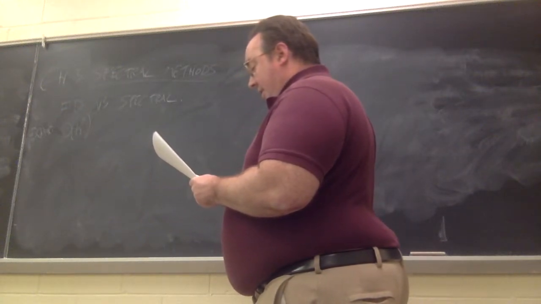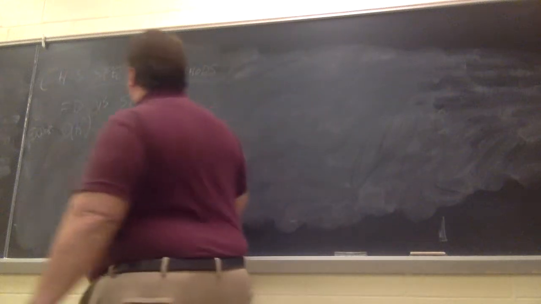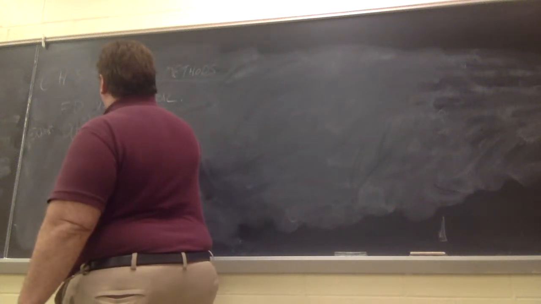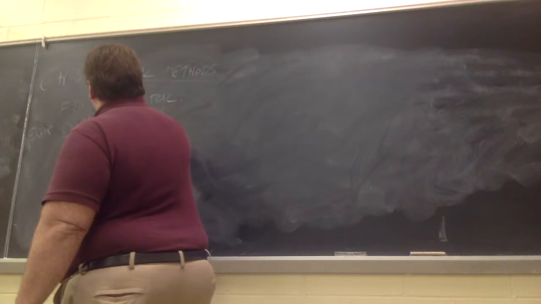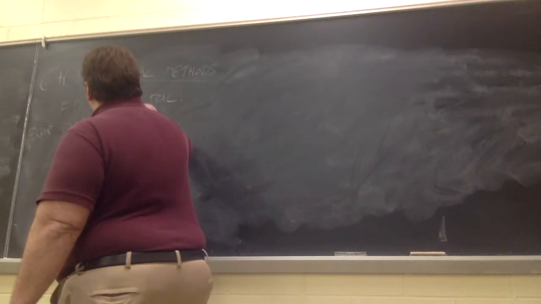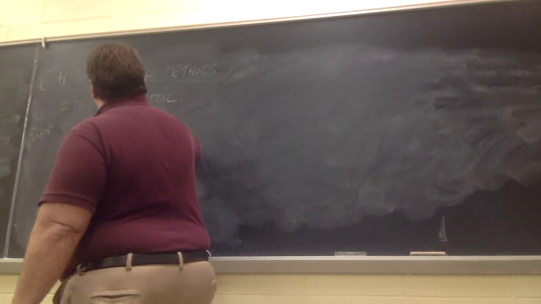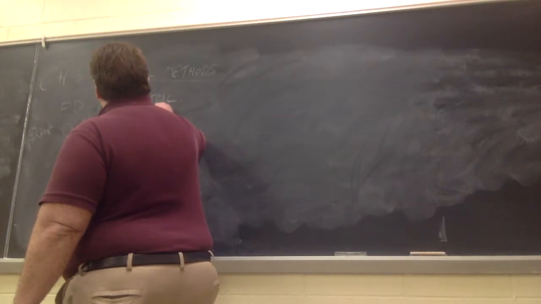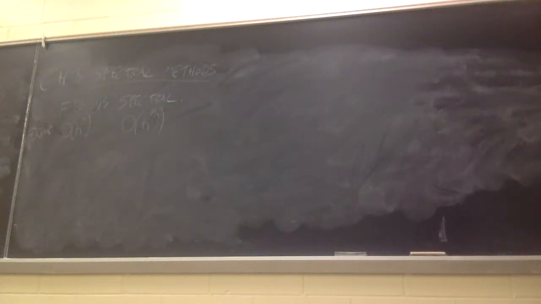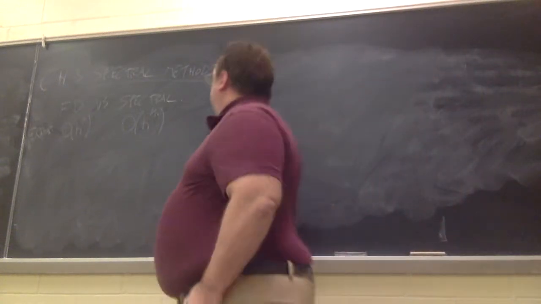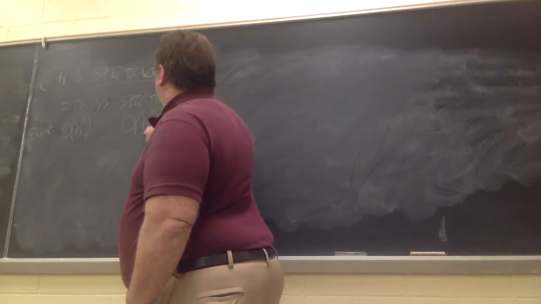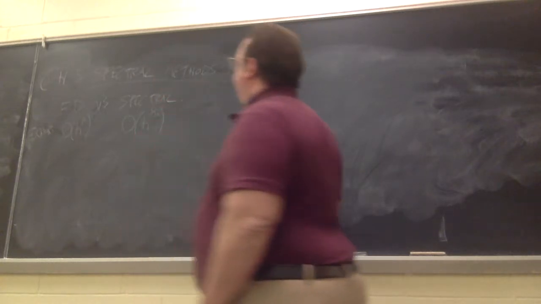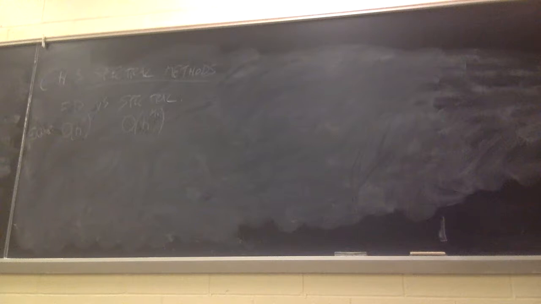Now, what we have in the case of spectral methods is that the error is of order h to the 1 over h. Now, because we have h in both the base and the exponent, that represents a more rapid degree of convergence.